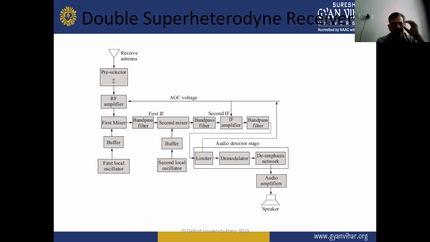In this superheterodyne receiver, there are many networks we use: RF amplifier, pre-selectors, buffer, first mixer, first local oscillator, de-emphasis network, audio amplifier, and last we have the speaker in the form of a load, where we receive the original signal at the end of the receiver. So this block diagram shows the double superheterodyne receiver.